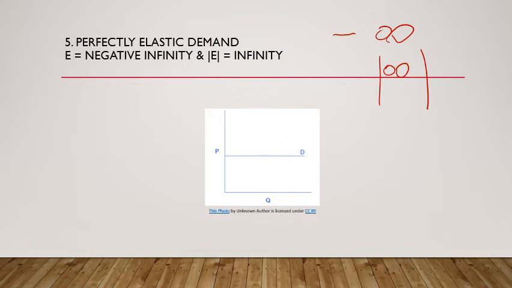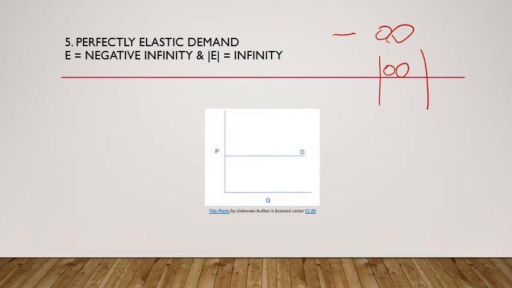So for a fuller development of perfectly elastic demand, I would rather wait for the analysis of pure competition, because it's going to make a lot more sense in that context than in this very theoretical context. Just remember that perfectly elastic demand basically means that if the price goes up, then QD will change in an infinite way, and if price goes down, quantity demanded will also change in an infinite way.